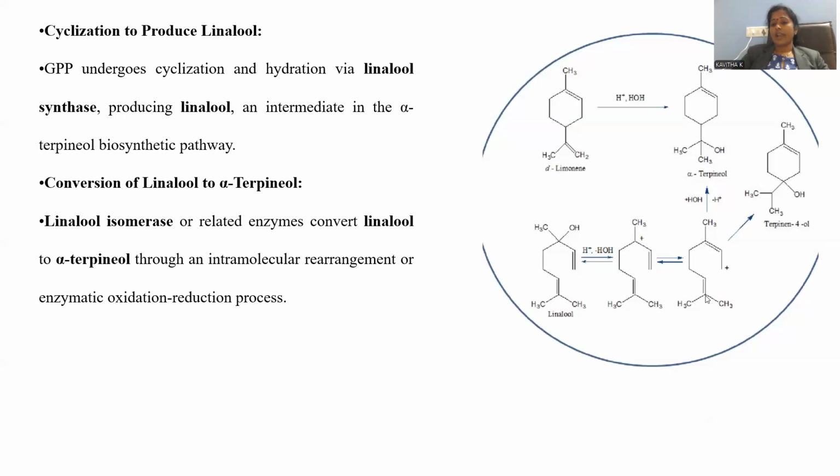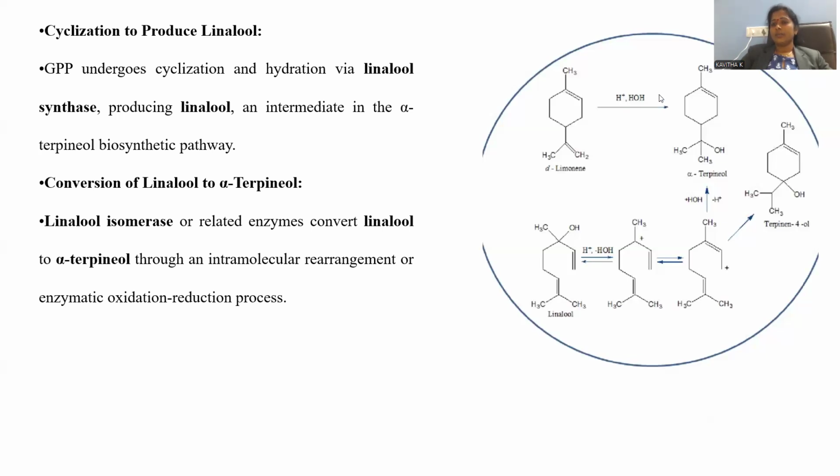That tertiary carbocation will further go for addition of water, said to be a hydration process. Whenever this carbocation is hydrated, subsequent removal of H plus is required, since H plus was consumed at the starting step of this linalool, so we have to depart H plus once again, so that OH minus will be attached at this carbon atom.